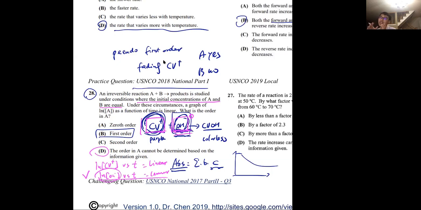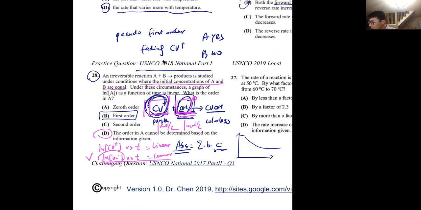Okay, let me try to explain it again. Let's think about a situation. Both of these are 1 mole per liter in the initial case. We know the order for CV plus is 1, and the order for hydroxide is 0, right? Since the order for the CV plus is 1, ln CV plus versus t is linear. You agree with this part, right?